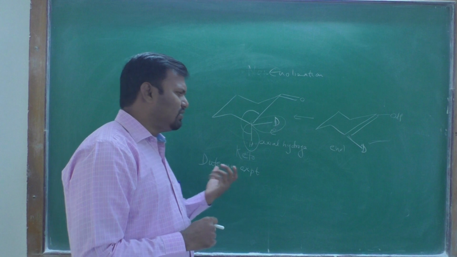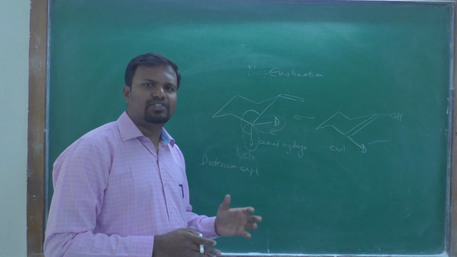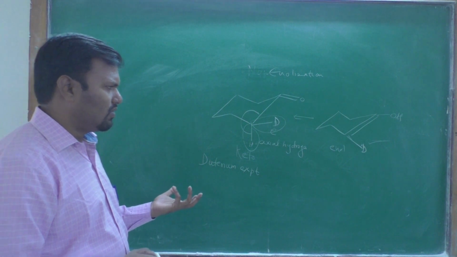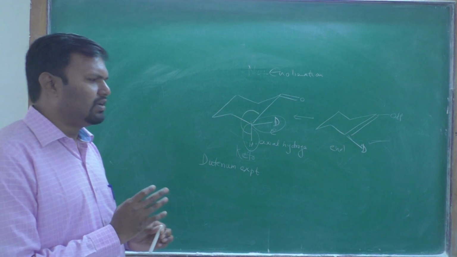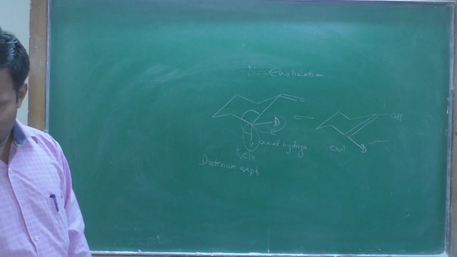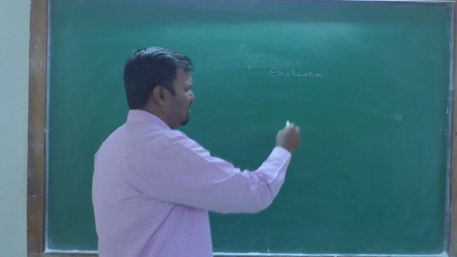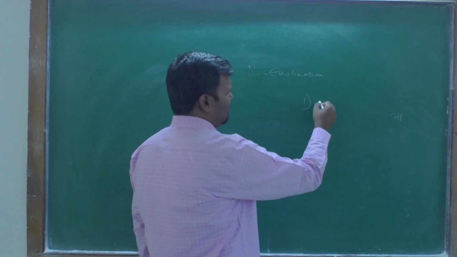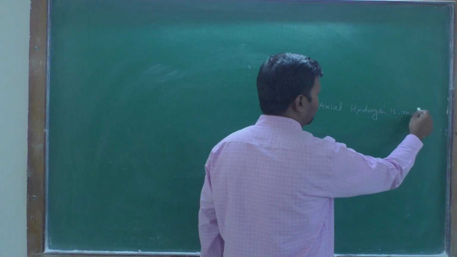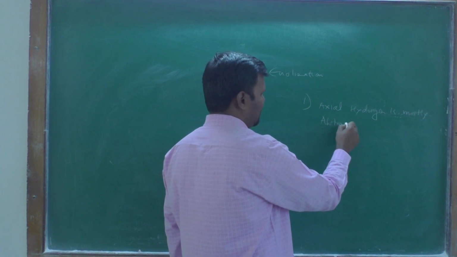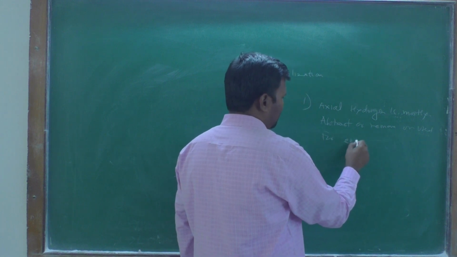Why does this happen? This happens due to a stereoelectronic requirement, and we can understand this requirement by observing the orbitals of the axial hydrogen and the orbitals of the carbonyl pi bond. The first observation is that the axial hydrogen is mostly abstracted or removed, or used for the enolization.